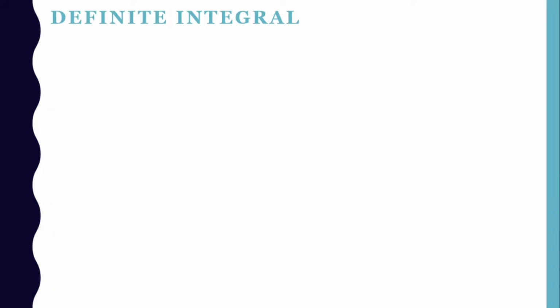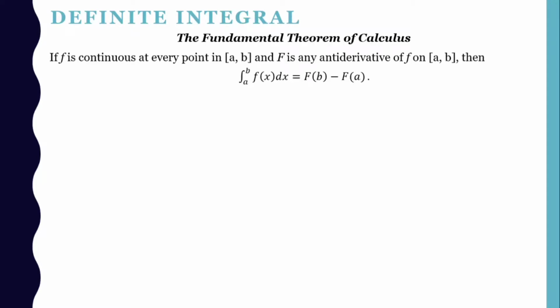Lastly, we have what we call the fundamental theorem of calculus. The fundamental theorem of calculus tells us that if the function is continuous at every point in the interval a to b, and the function big F is any antiderivative of the function small f on the interval a to b, then the integral of f of x dx from a to b is simply F of b minus F of a.